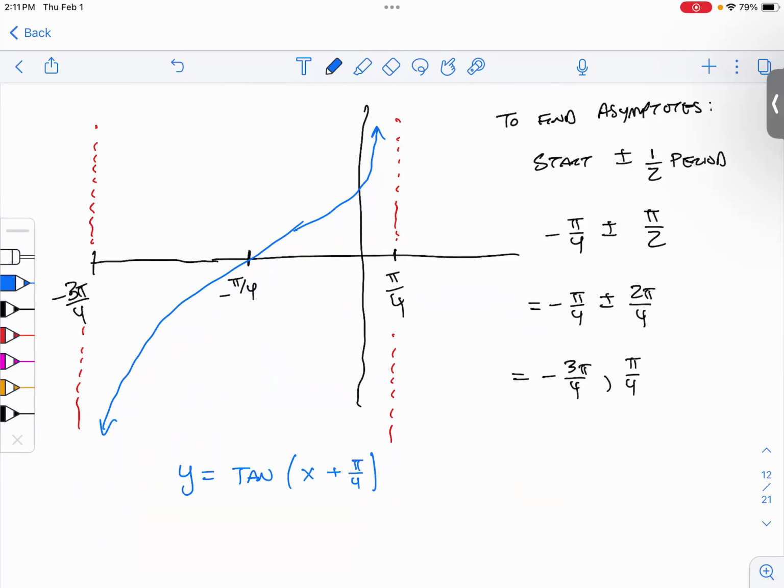Hence, my blue line is y equals tangent of x plus pi over 4. But we were actually looking for y equals negative tangent of x plus pi over 4, which means that whole thing, flip it across the x-axis.